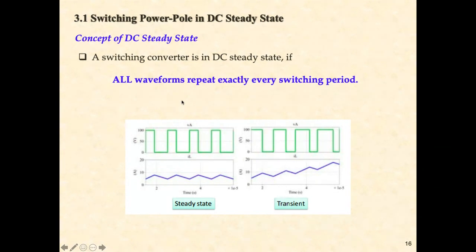So in a sentence, DC steady state means all the waveforms repeat exactly every switching period. Obviously here is one cycle, right?